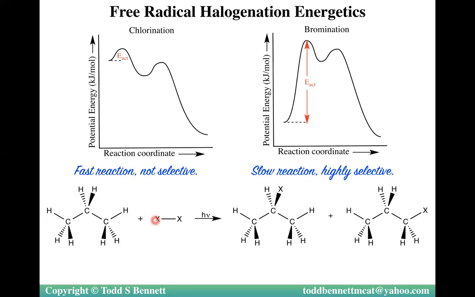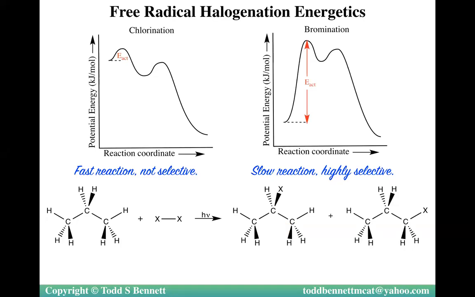So when X free radicals form, it can react and either abstract a primary, 6 choices, or a secondary. In doing so, the primary free radical, wherever it happens to go, can pick up an X, or the secondary can pick up an X, so you end up with only 2 possible products. 1 halopropane, so 1 chloropropane, 1 bromopropane, depending on what X I'm using, and 2 bromo or 2 chloropropane.